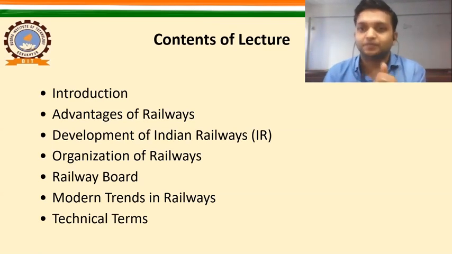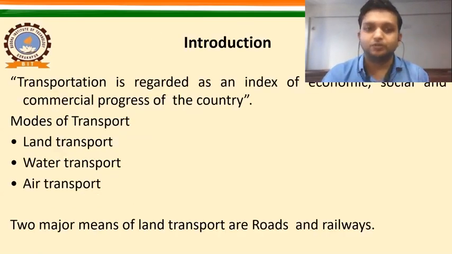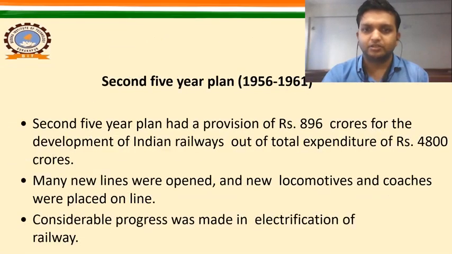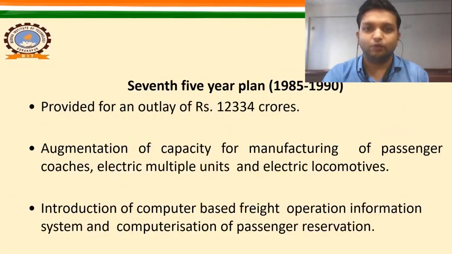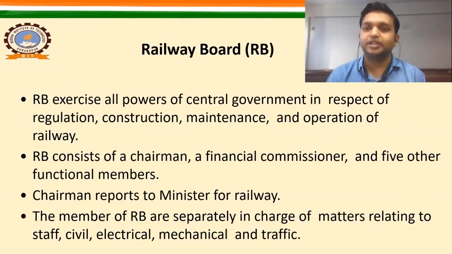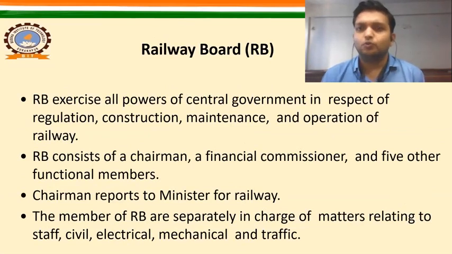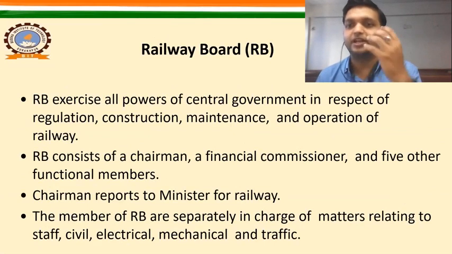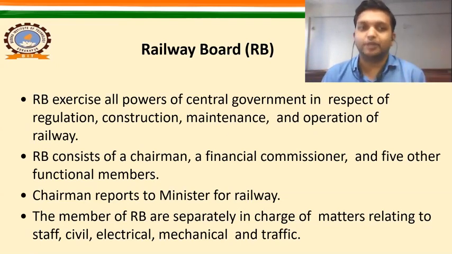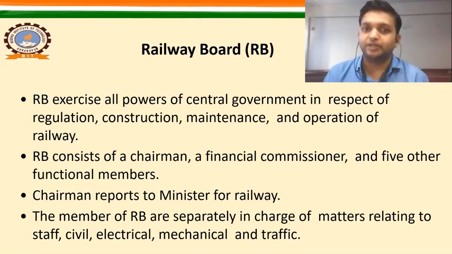Now in this lecture, we'll carry on with the railway board part. Let us have a look at what the railway board actually is. What does the railway board do? The railway board exercises all powers of the central government in respect of regulation, construction, maintenance, and operation of the railway.